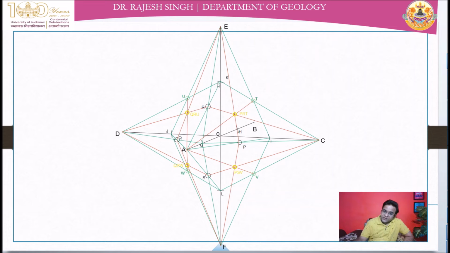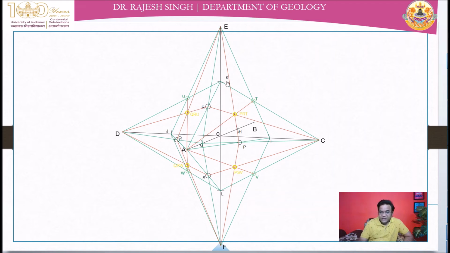Next, K2U, U2J, J2W, W2L, L2V, V2I, I2T and T2K. This is the outermost outline of the front face of the trapezohedron, and this edge will be common in the back end and front end.